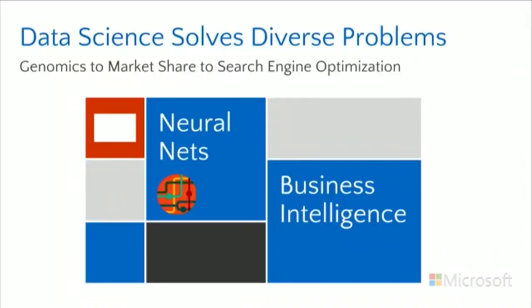So data science, as we mentioned, has solved a bunch of interesting problems, but it's used all over the place. So small businesses can benefit from good data analysis and good data scientists. You could have great information coming out in genomics. We already talked about search engine optimization.